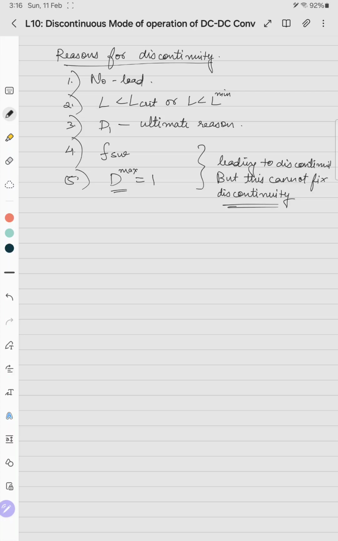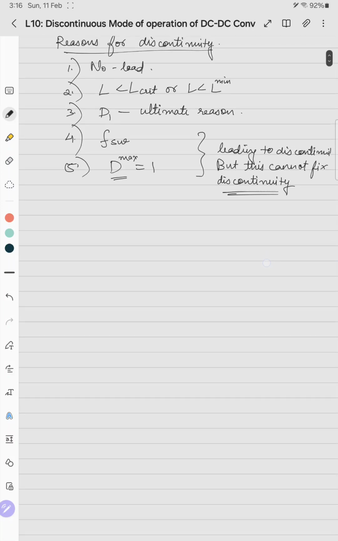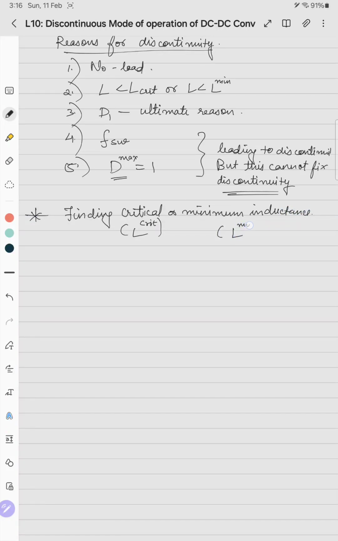The choice of inductance plays a major role in designing for discontinuity. So let's find out the critical or minimum inductance, which is L minimum for any converter.